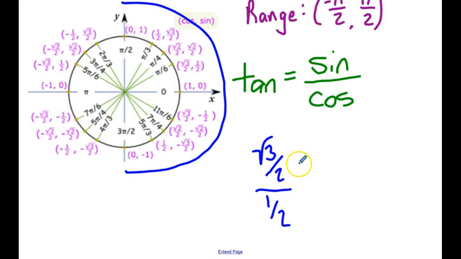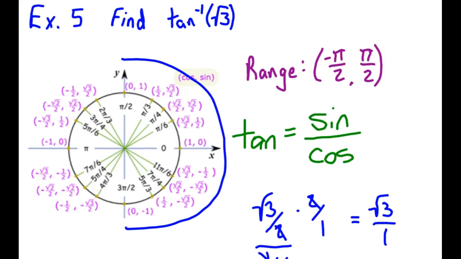So I could think of this as radical 3 over 2 times 2 over 1 and ignore the second fraction. 2 divided by 2 cancels out, so I'm left with radical 3 over 1, which will just simplify down to radical 3. So my answer for the value of the inverse tangent of radical 3 is going to be equal to the theta value of pi over 3, and that value is within the range of negative pi over 2 to pi over 2.